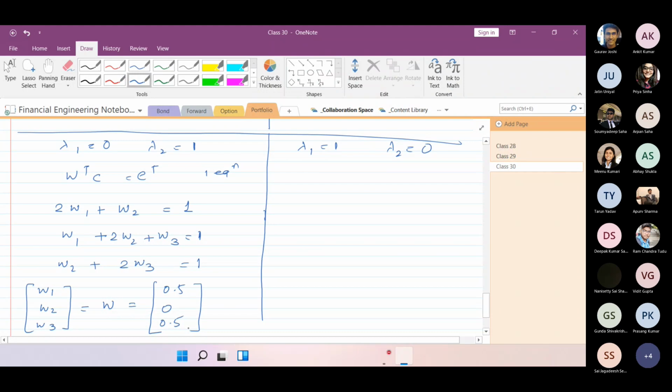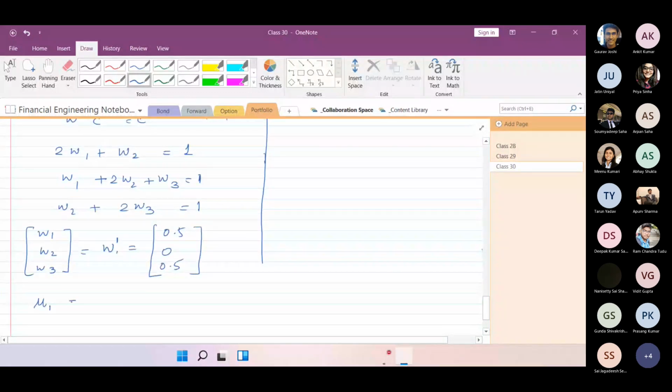So my first set of weights are 0.5, 0 and 0.5. And correspondingly, if I calculate my return, M transpose W1, it comes out to be 0.6. So this is the first solution which I have got.